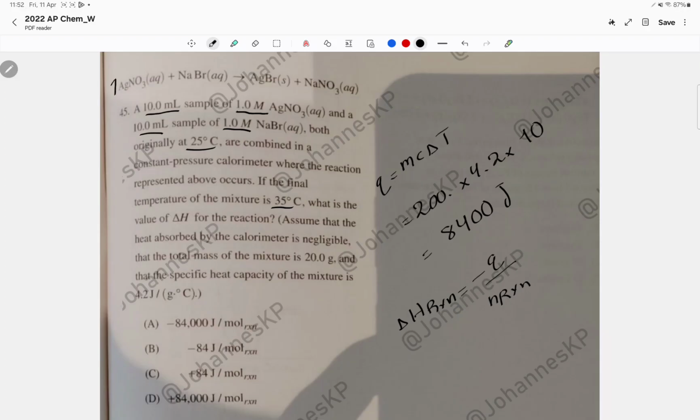And they both have a coefficient of 1. So n reaction here is just the moles of one of them. So negative 8,400 equals molarity of one of them times the volume of one of them, which is 0.000. So it's going to be choice A. Very good.